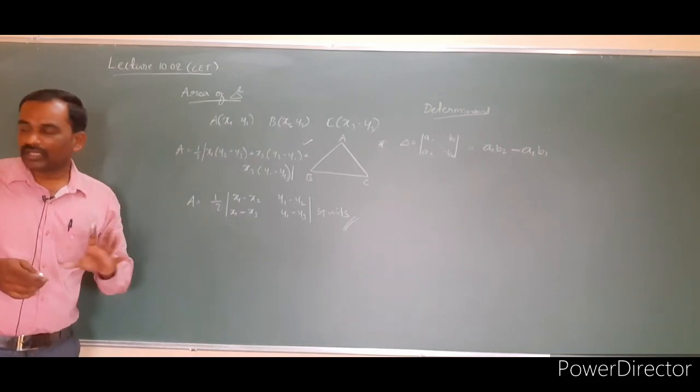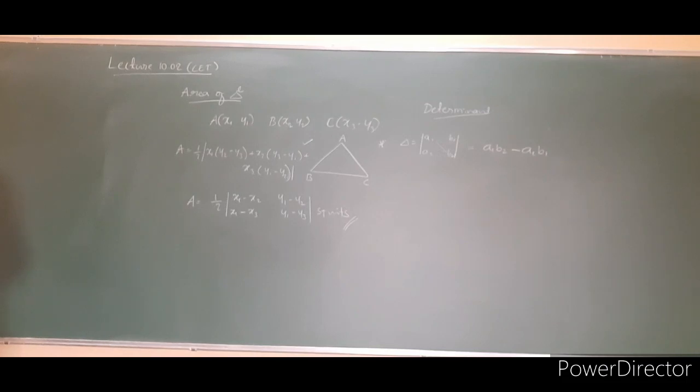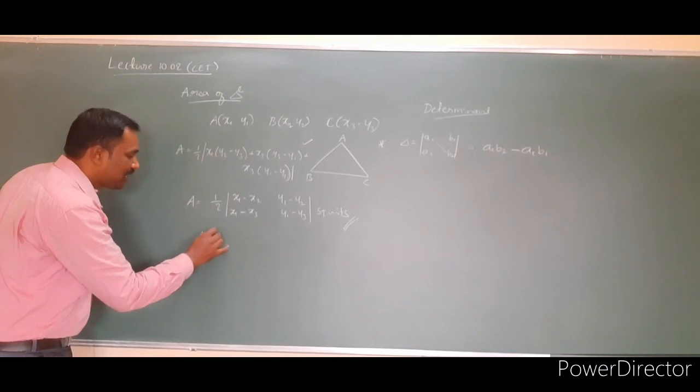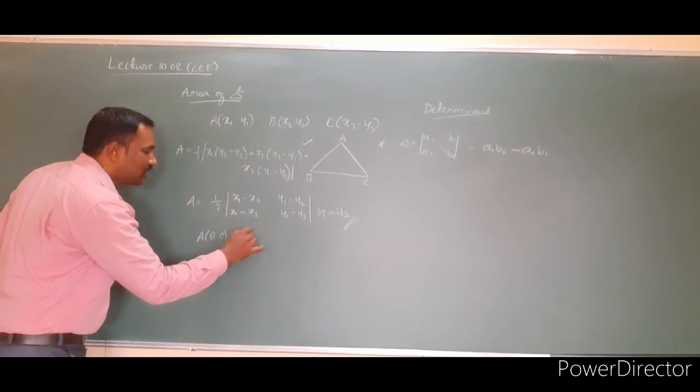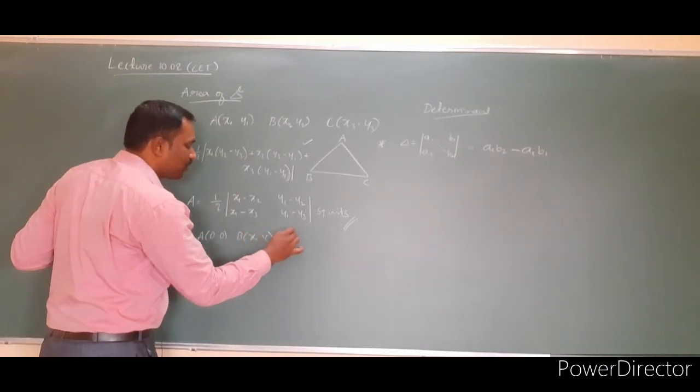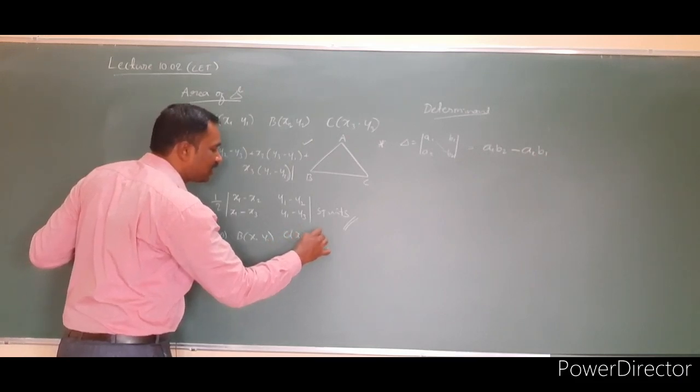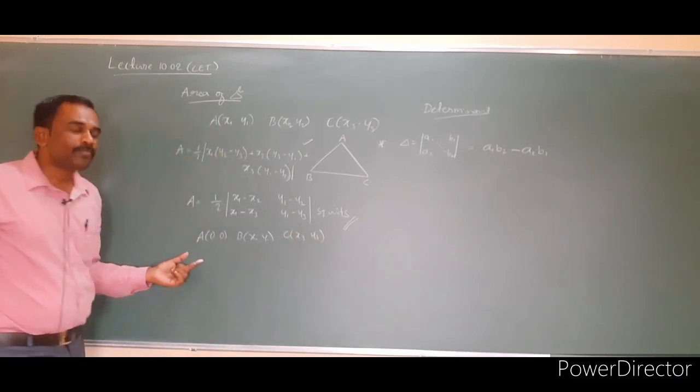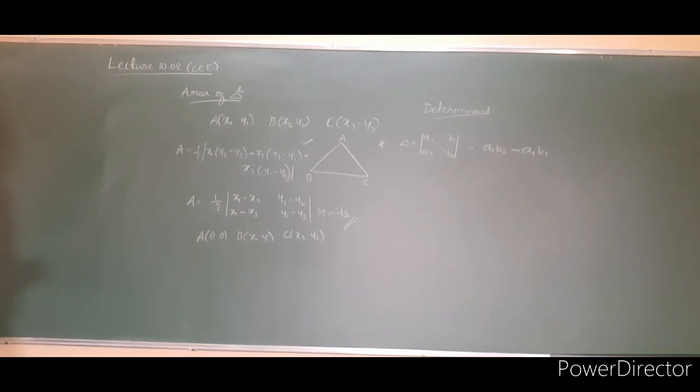Now the next thing is the area of the quadrilateral. Or before going to that, whenever the area of the triangle is given and one of the vertices is at the origin, for example A having the coordinates 0, 0, B having the coordinates x1, y1 and C having the coordinates x2, y2.